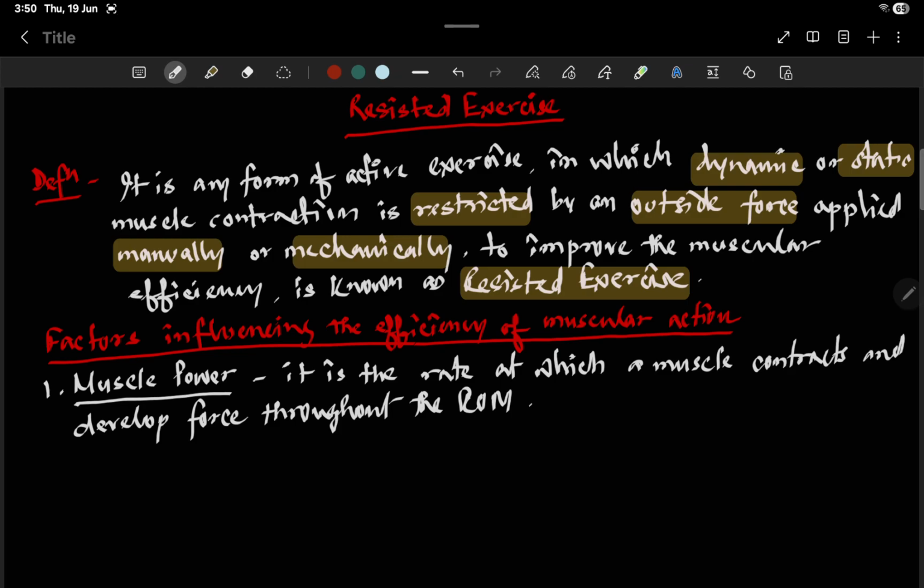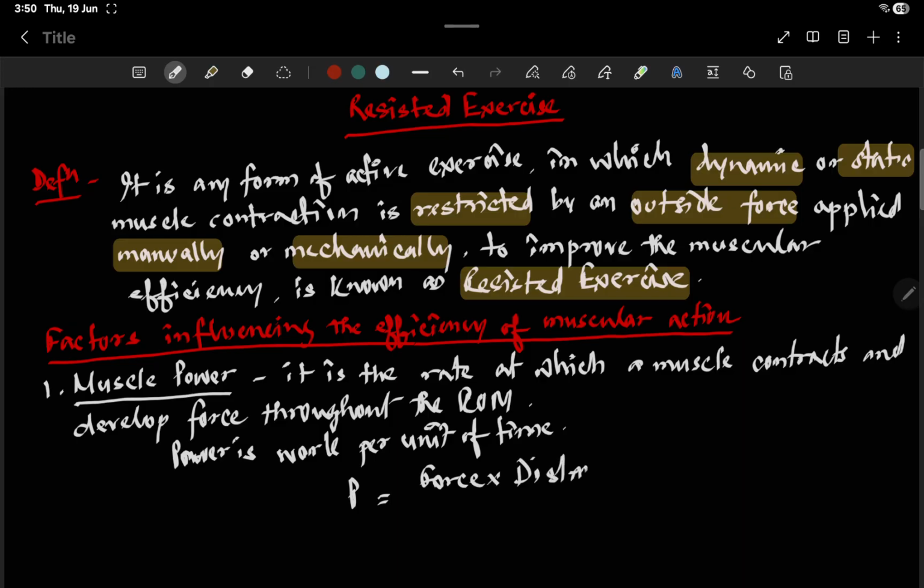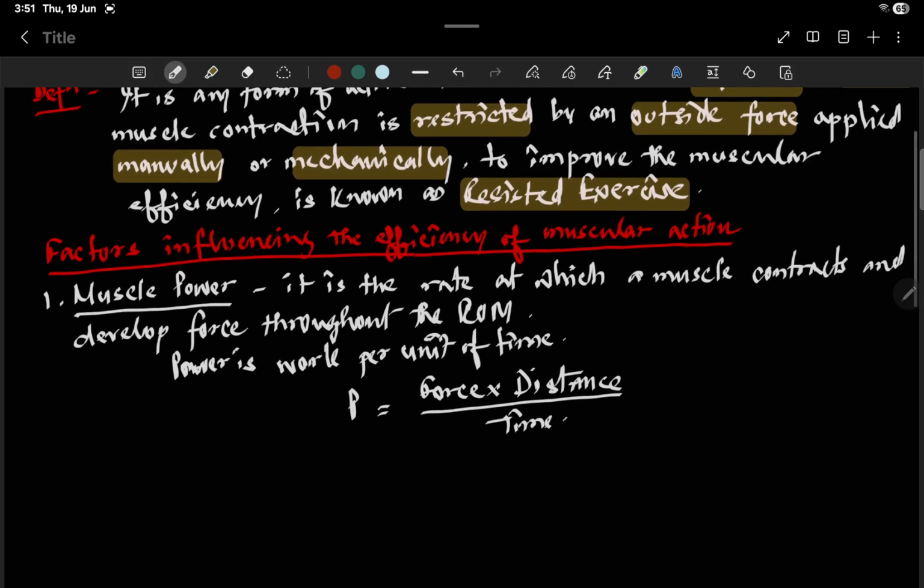So muscle power is work per unit of time. Power is work per unit of time. So P is equal to force into distance by time. Okay.